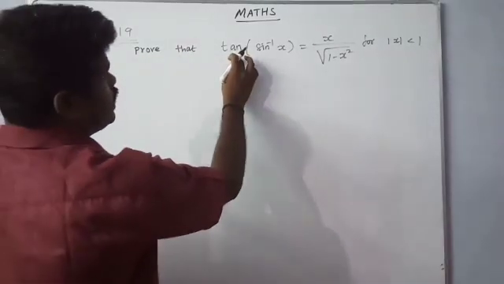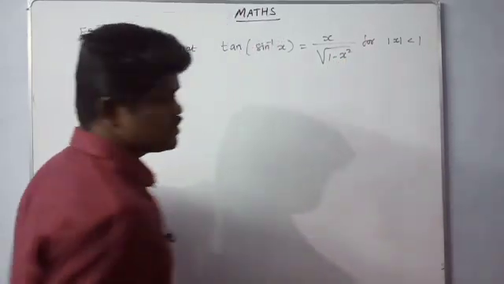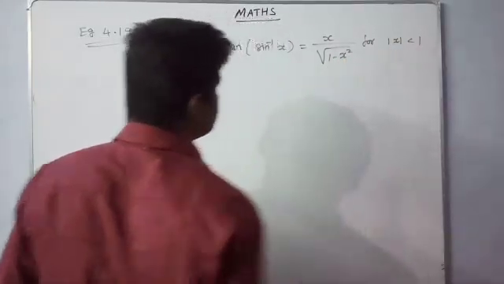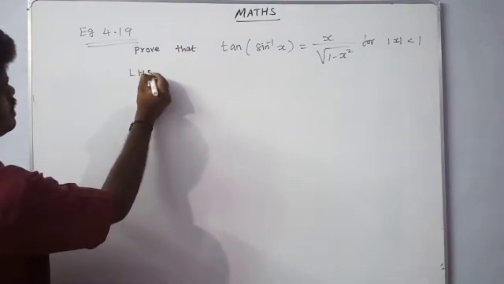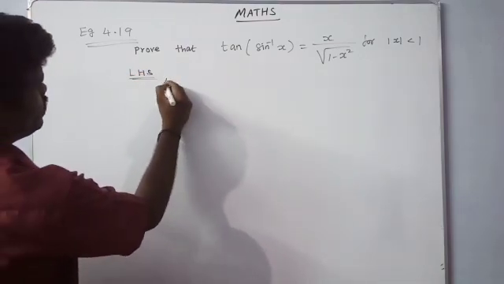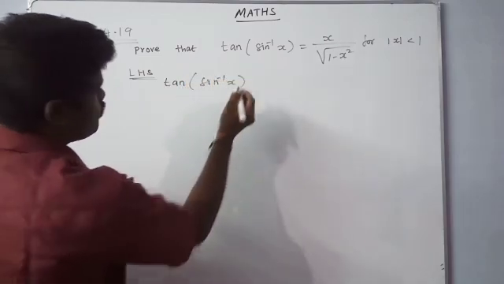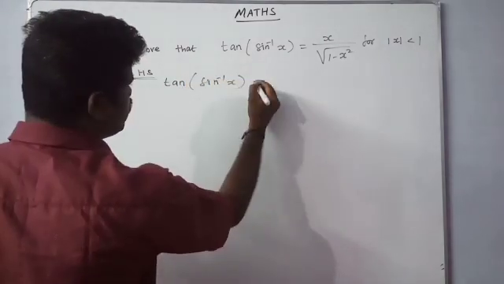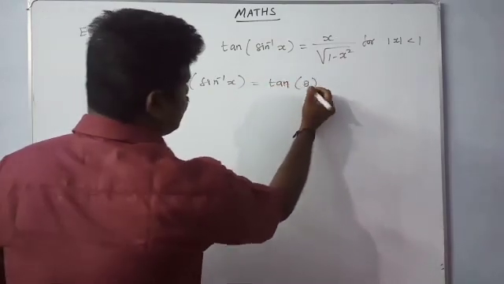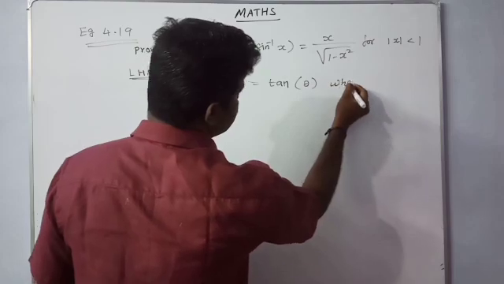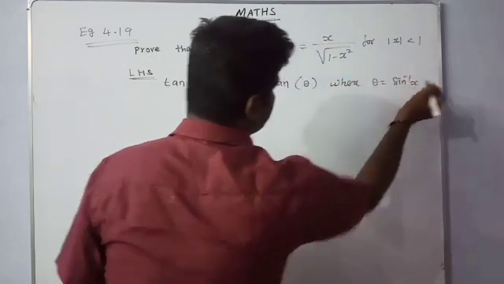Prove that tan of sin inverse of x is equal to x by root of 1 minus x square for modulus x less than 1. Let us take the LHS: tan of sin inverse of x. We want to apply the value tan of theta, where theta is equal to sin inverse of x.